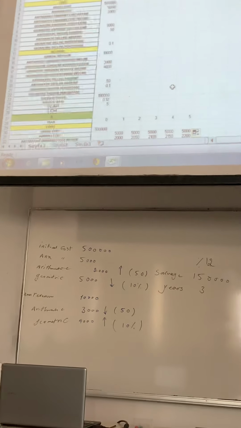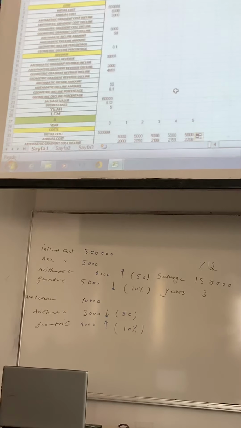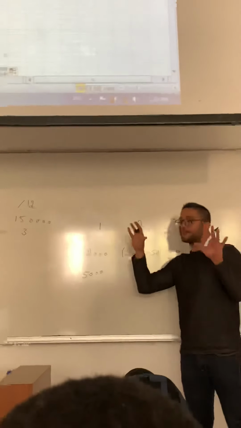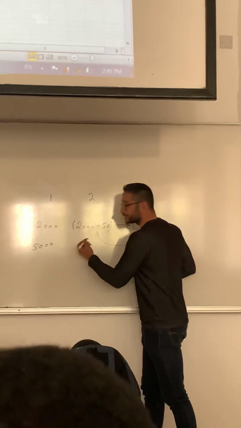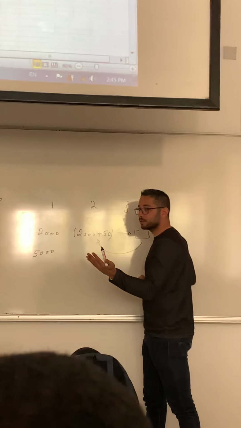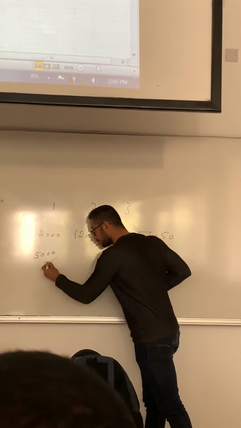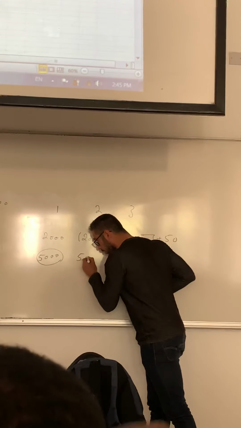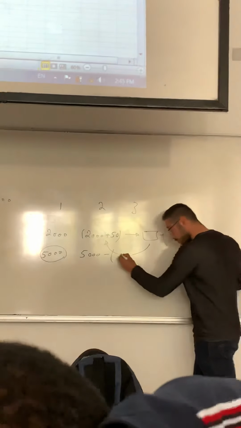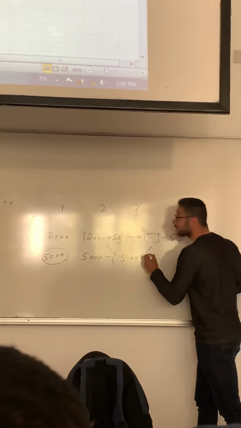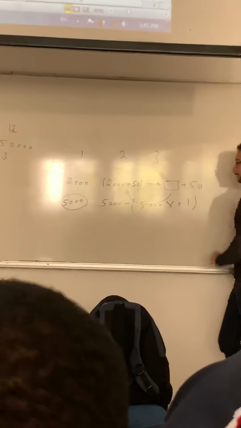So we have a certain amount. We want to deduct a fixed amount, multiplying every time by 0.9. What is that amount which is fixed? 5,000 minus 5,000 times 0.1. It's 4,500.